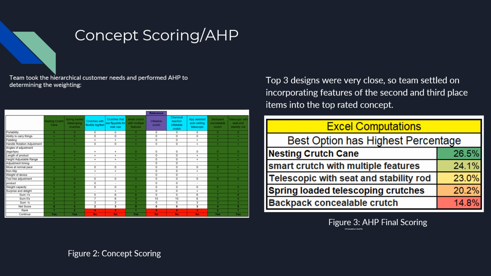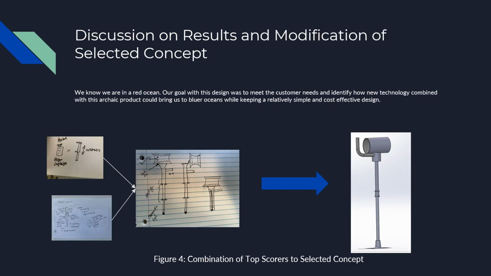Following this, we ended up with 10 ideas that we wanted to proceed with and used AHP to narrow down to our top choices. As the AHP weighting showed that our top 3 choices were very close, the team tried to incorporate aspects of all designs into our final concept.